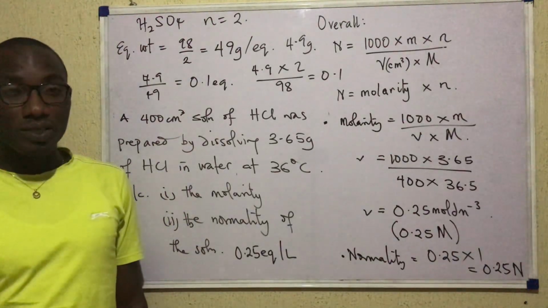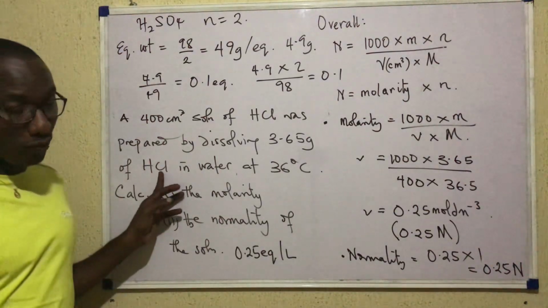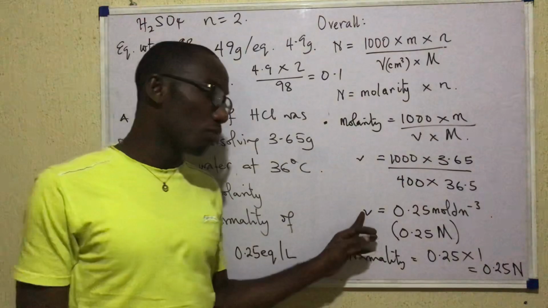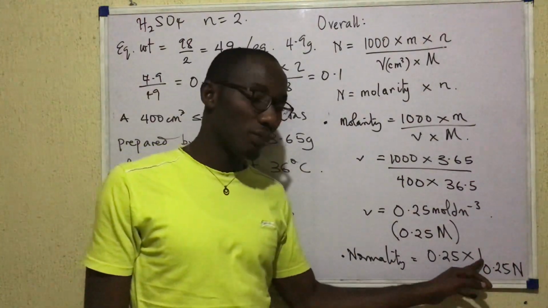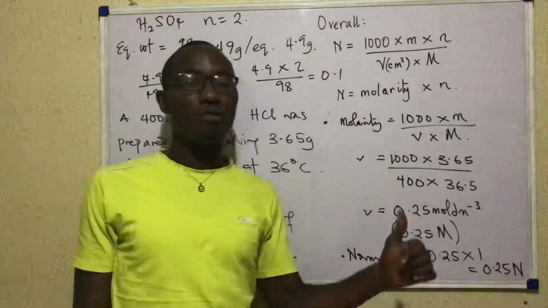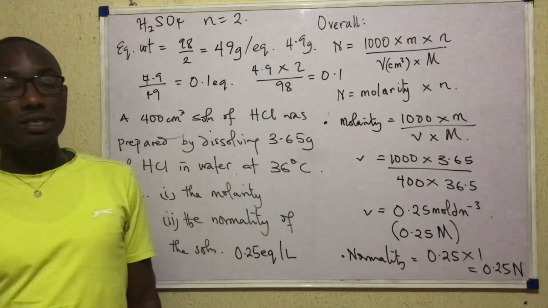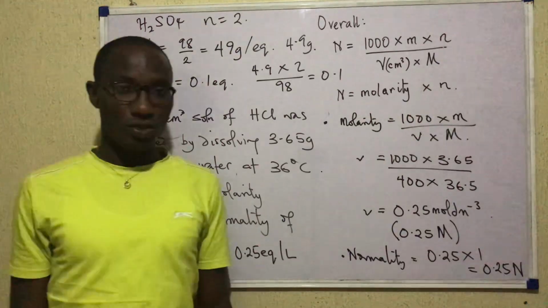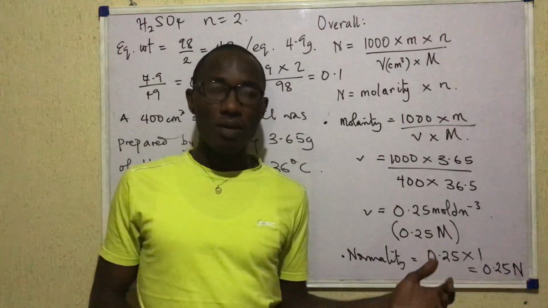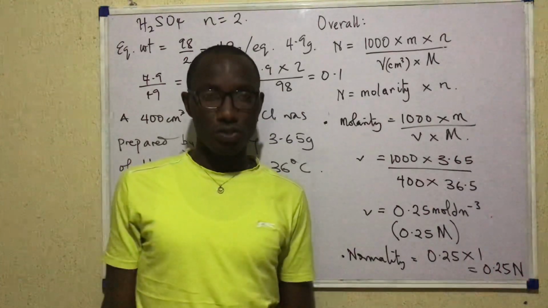But is that always the case? No. If I had changed this to maybe H2SO4, then after getting molarity, I would have multiplied it by 2, which is the number of reacting units of H2SO4. So that's it for normality. Look for more questions to solve on this, and as long as you apply the basic principles we have outlined, you have no issues.